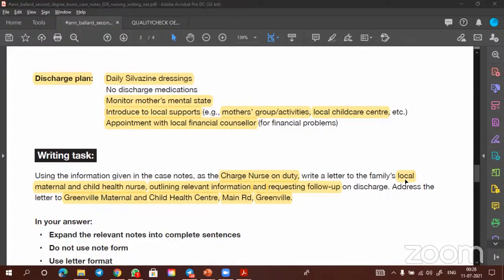We don't know the name. We know the profession of the receiver. She is a nurse, maternal and child health nurse. Number one. Then Greenville Maternal and Child Health Center. He has given you to write the address from the last line and the second line.